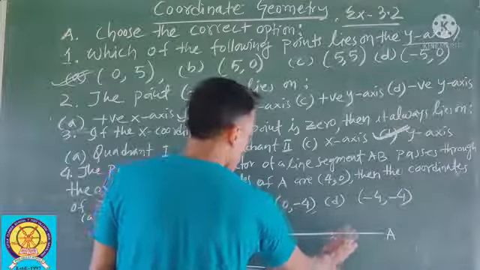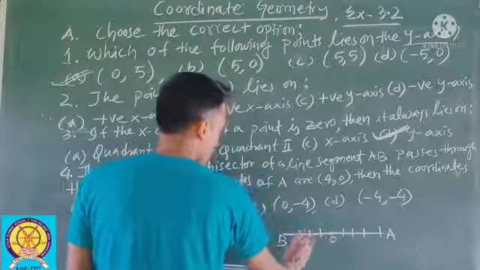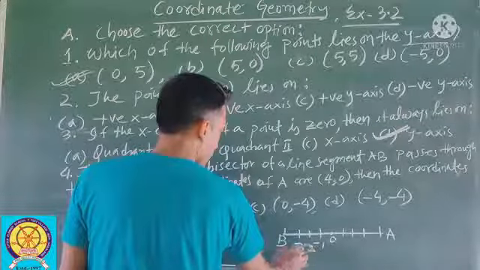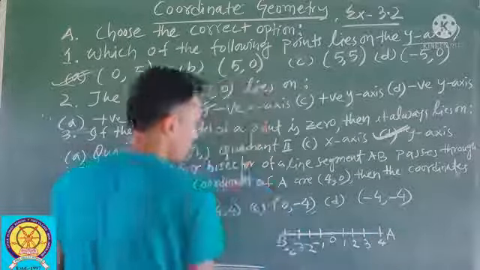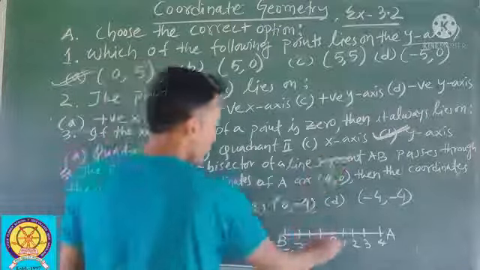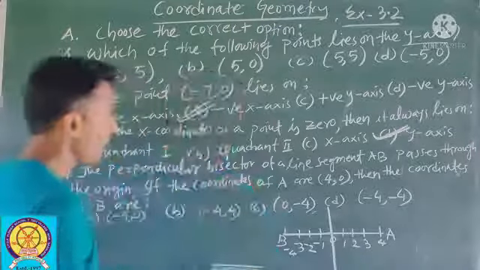For example, it is O. 1, 2, 3, 4. 1, 2, 3, 4. The values are negative on the left side. The values are positive on the right side. So the perpendicular bisector passes through the origin. Origin is O. This is the perpendicular bisector.